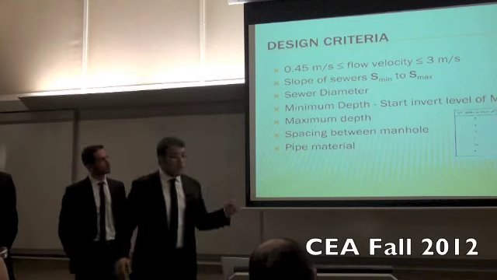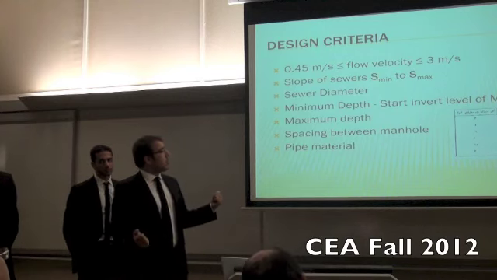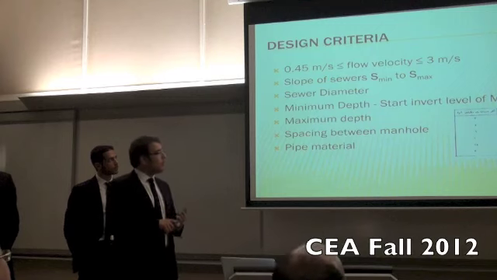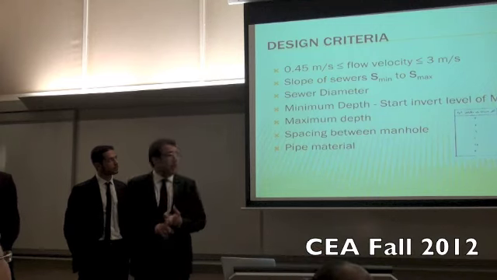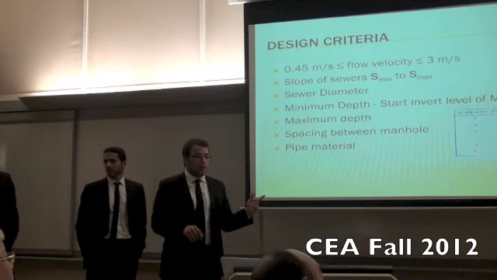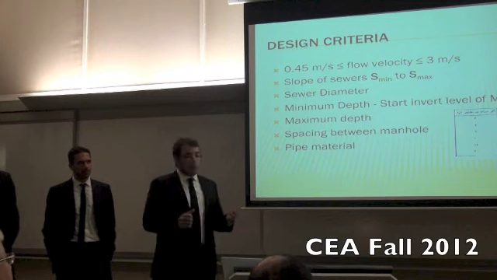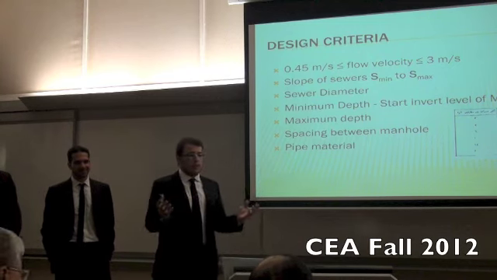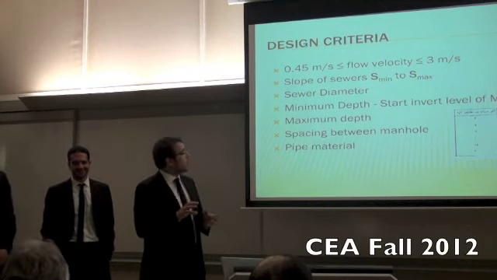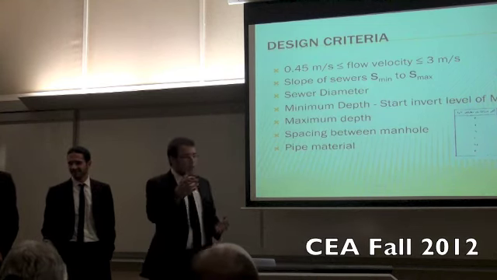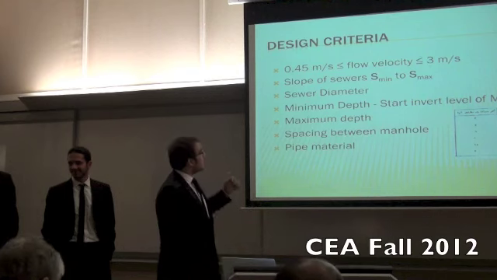Now, for our design criteria, for the velocity range, the minimum velocity was 0.45 meters per second, and the maximum velocity was 3 meters per second. A velocity lower than 0.45 meters per second will cause settlement and deposition in the flow, and a higher velocity will cause abrasion to the pipes.